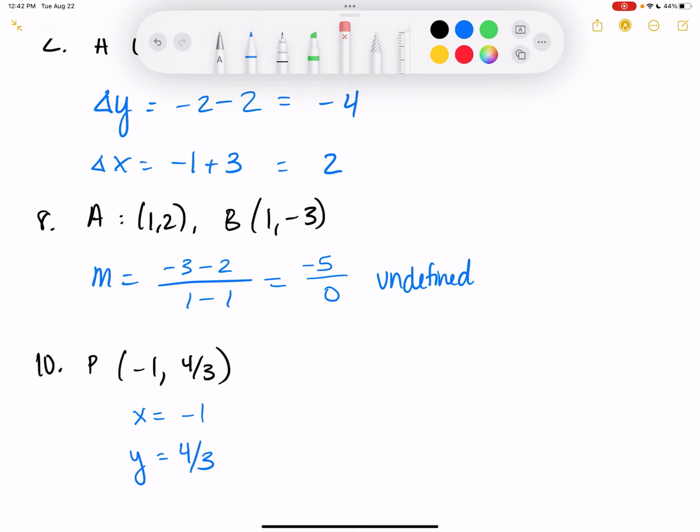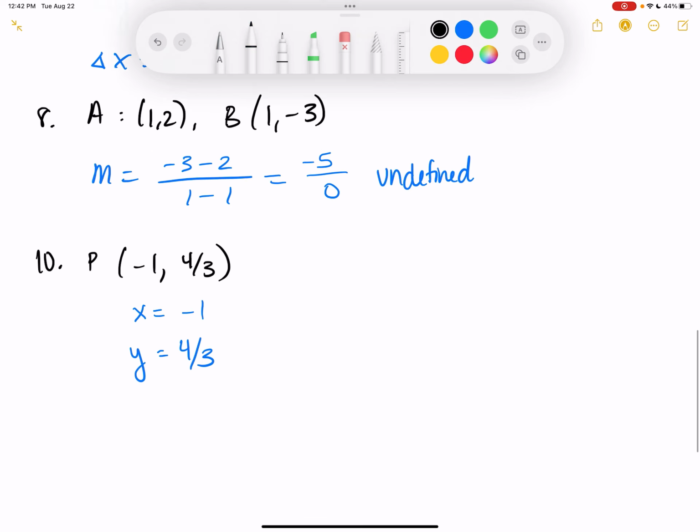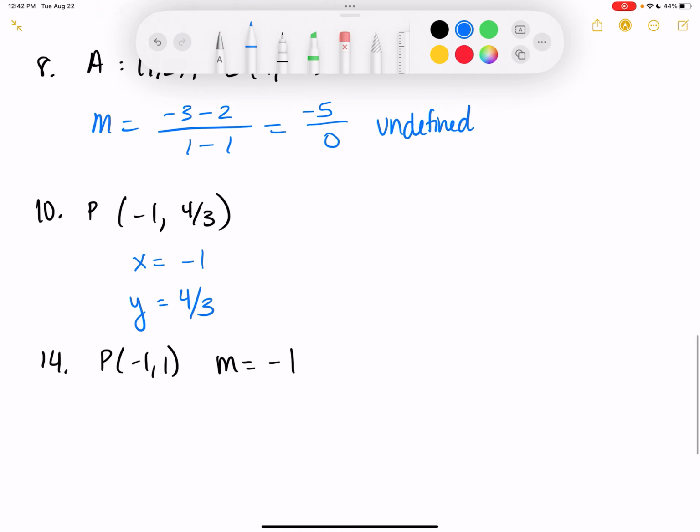Write the point-slope equation for the line through the point P with slope m. The point is (-1, 1) and our slope is -1. What are the instructions?